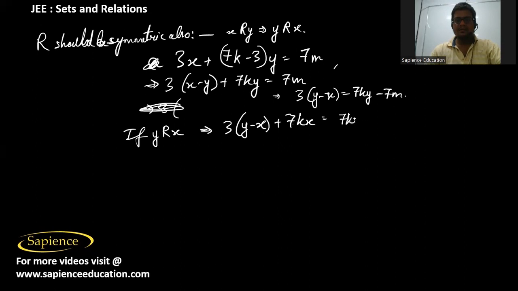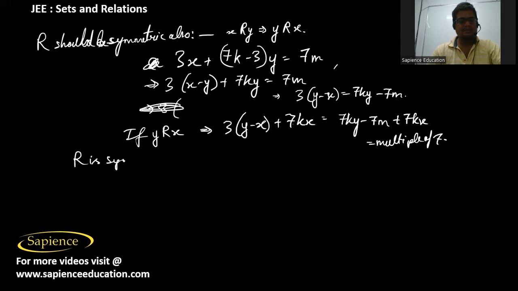So this is 7ky minus 7m plus 7kx, which is also a multiple of 7. So it means that R is a symmetric relation. And so alpha should be of the 7k1 minus 3 form, then only R will be symmetric also.